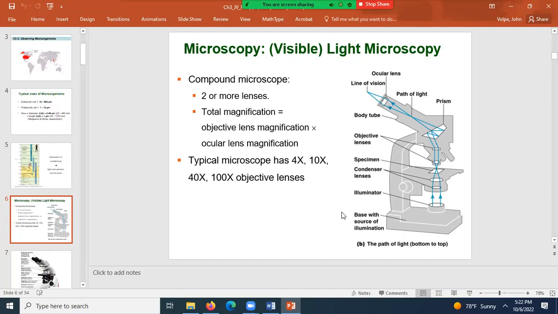You should know the different parts of the light microscope. Most of the parts shown here, you should know: the ocular lens, maybe the body tube, the arm, which isn't labeled here, you should know that. You should know the objective lens right here.